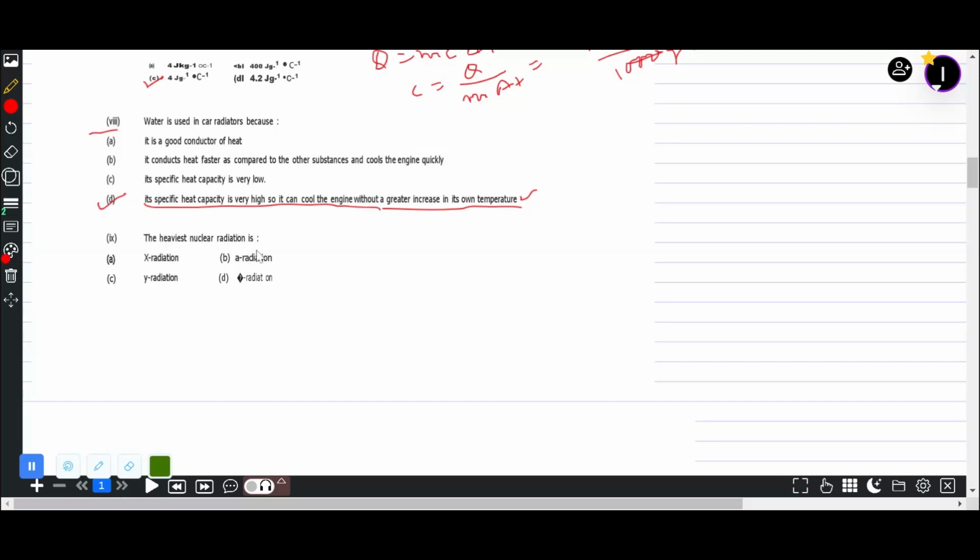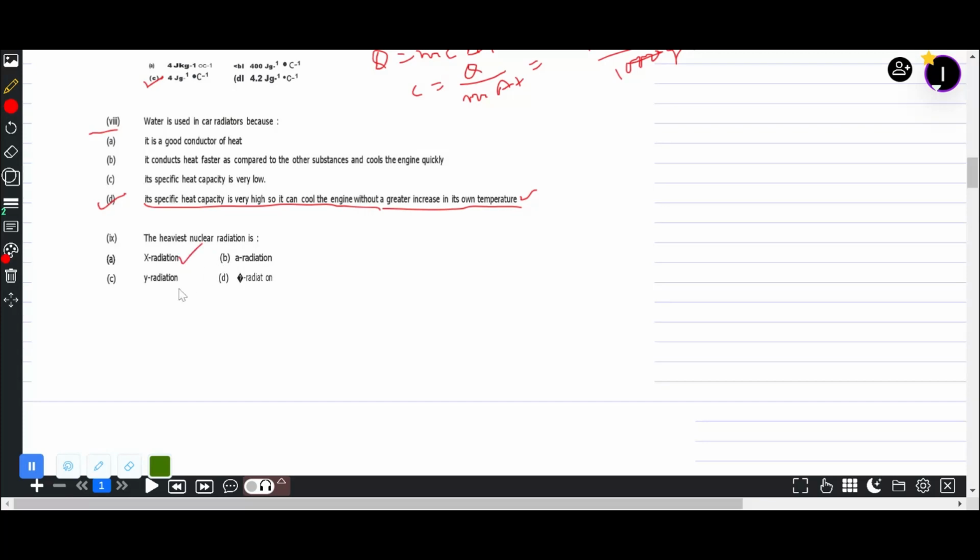The heaviest nuclear radiation is alpha radiation, gamma radiation... I think this is beta radiation. Some mistake here. So the heaviest nuclear radiation is... Let me check what the correct options are.